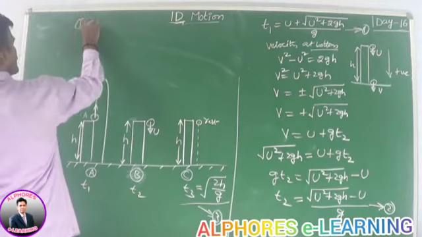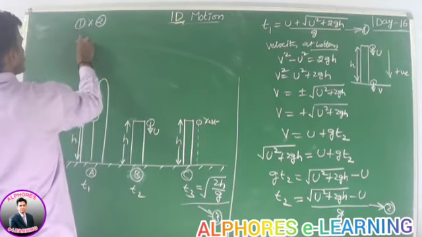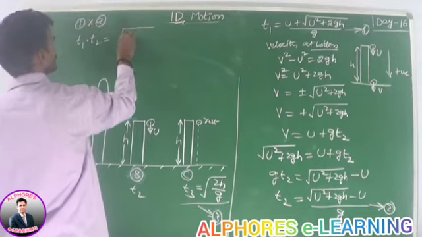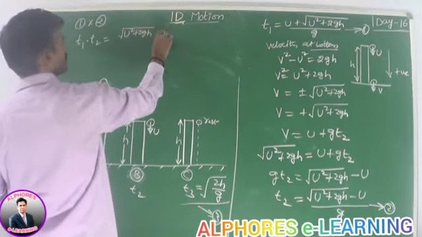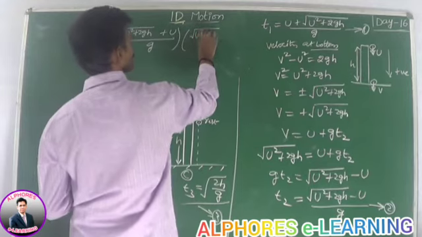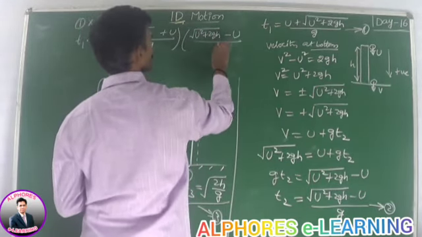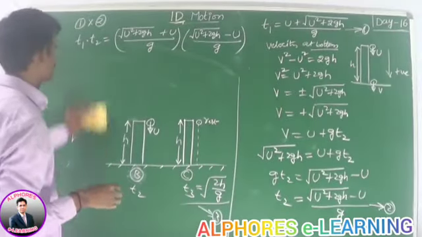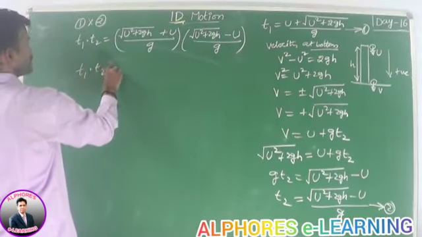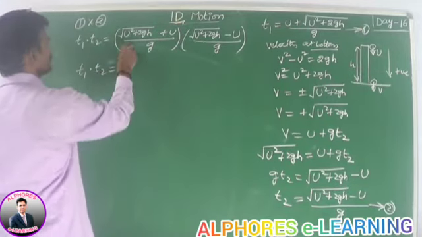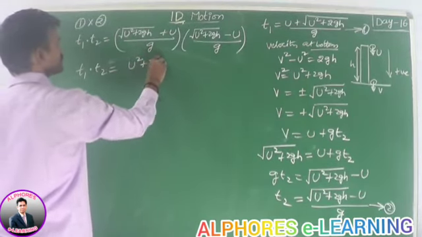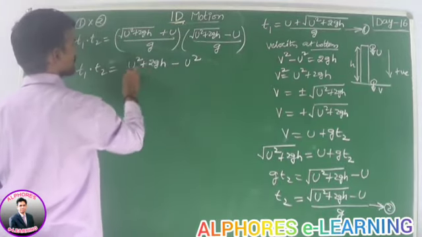So on multiplying 1 and 2, you get t1 into t2, which is under root u square plus 2gh plus u by g, into under root u square plus 2gh minus u by g. On multiplying these two, this is like a plus b into a minus b, so you will get a square minus b square, that is u square plus 2gh minus u square by g square.